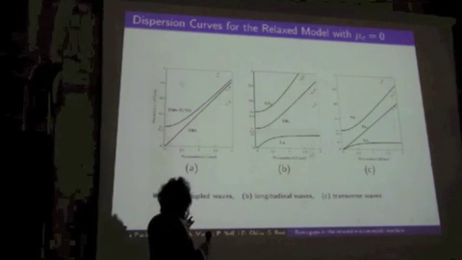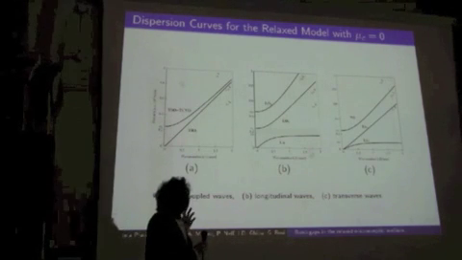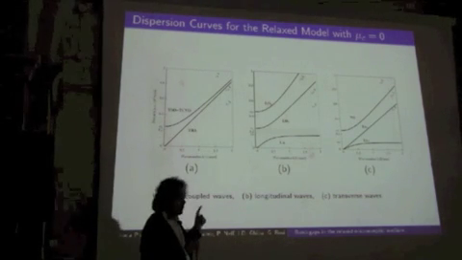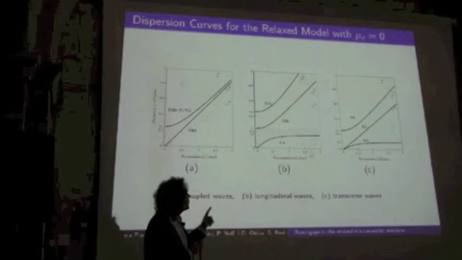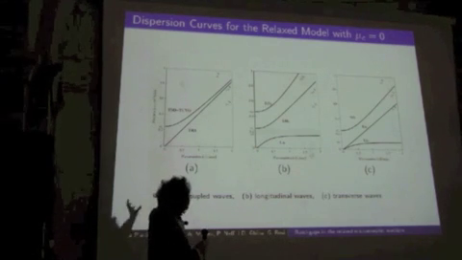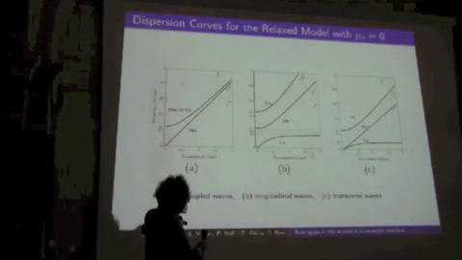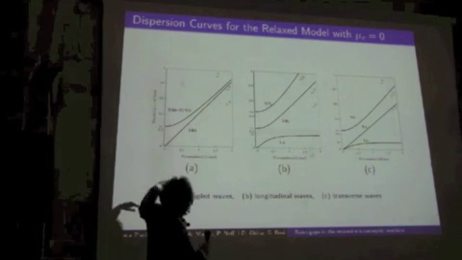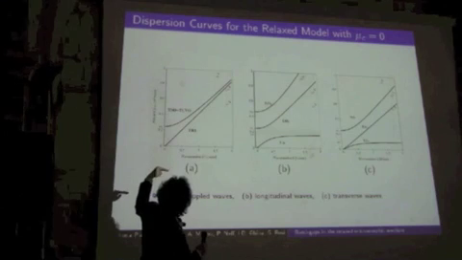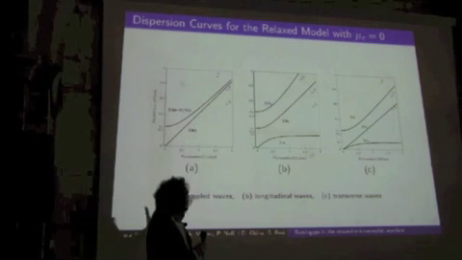This is the dispersion curve for the relaxed model. So for the relaxed model with mu_c equal to 0, we cannot see any band gap because you can see that for every frequency we have a solution in terms of wave number.